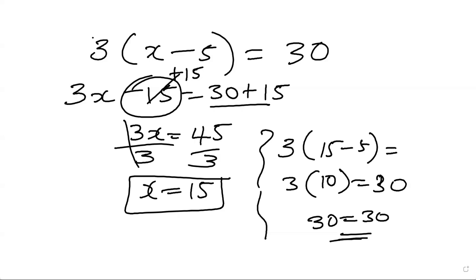So 3 times x, 3x, 3 times negative 5, negative 15. Take the opposite of negative 15, which is to add 15 to both sides, and then we divide by 3. This is just to check if our answer is correct.